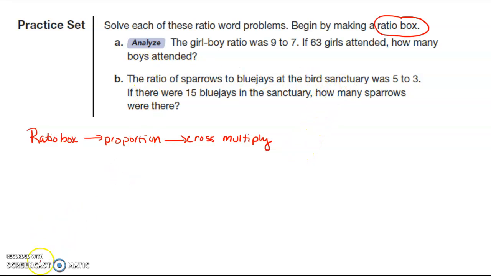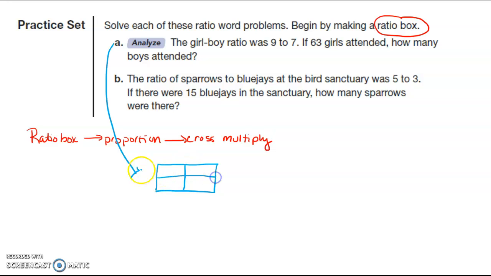Okay, so we'll do A. This is something that you might want to write in your spiral. It says the girl-boy ratio was 9-7. If 63 girls attended, how many boys attended? So this is what our ratio box is going to look like.